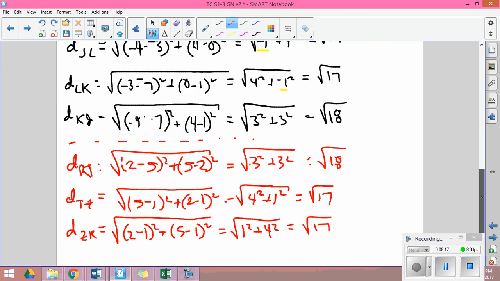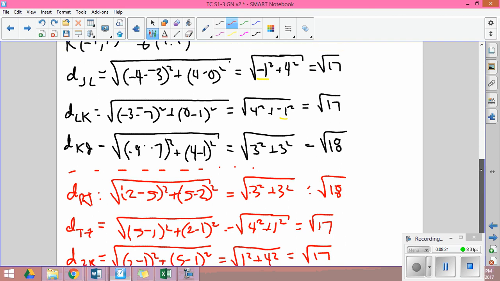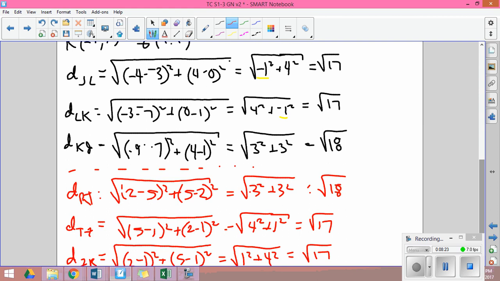So now that I've finished the distance formulas for triangle RTZ, you can see everybody matches up, but I'm not done. So I need to draw my conclusion. Therefore, I would say that JL equals RZ.